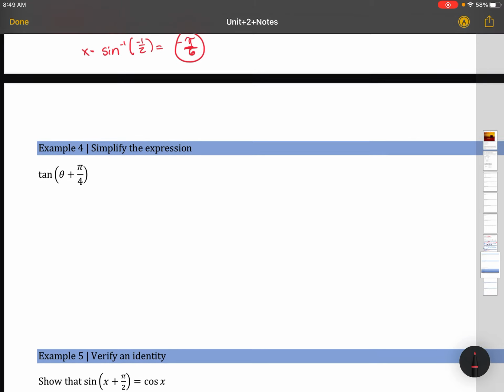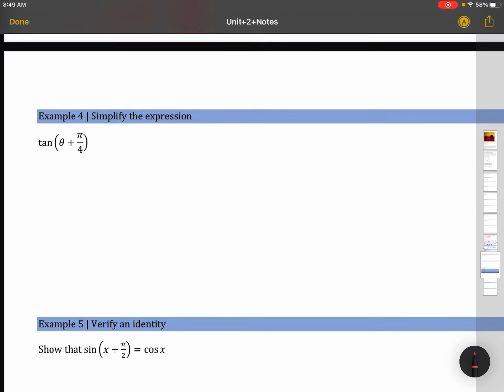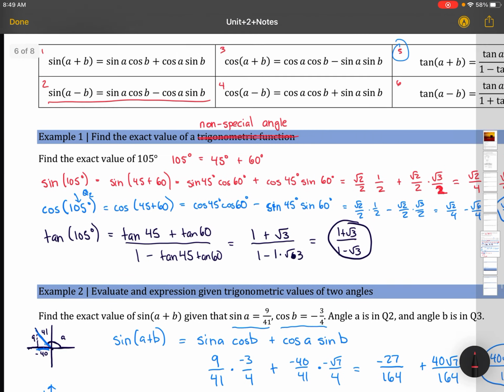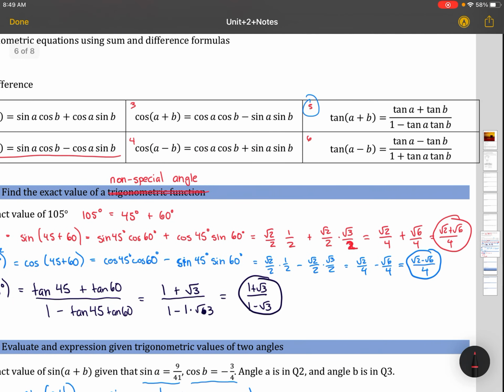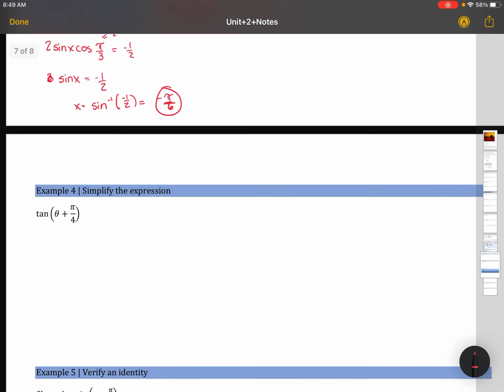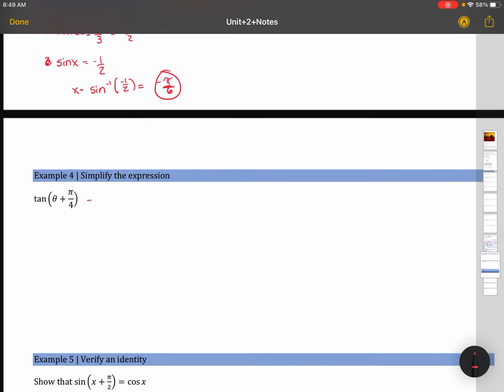For example 4, we have to simplify the expression tangent of theta plus pi over 4. And so we're going to use this sum formula here.